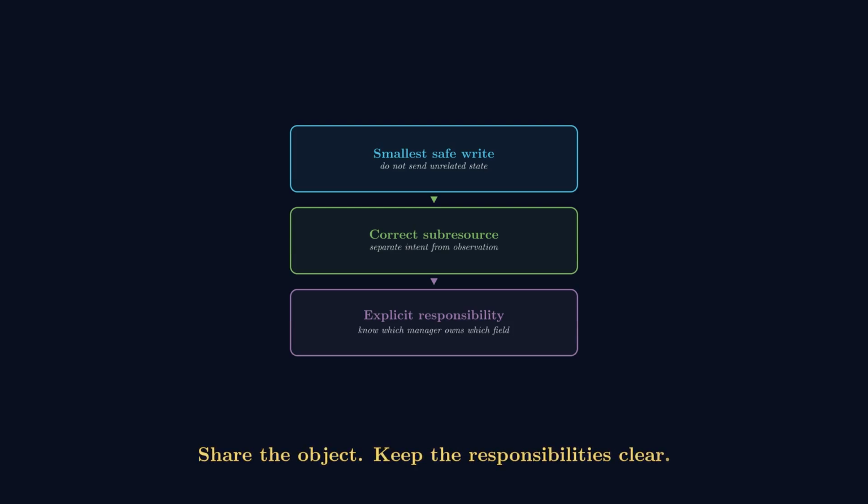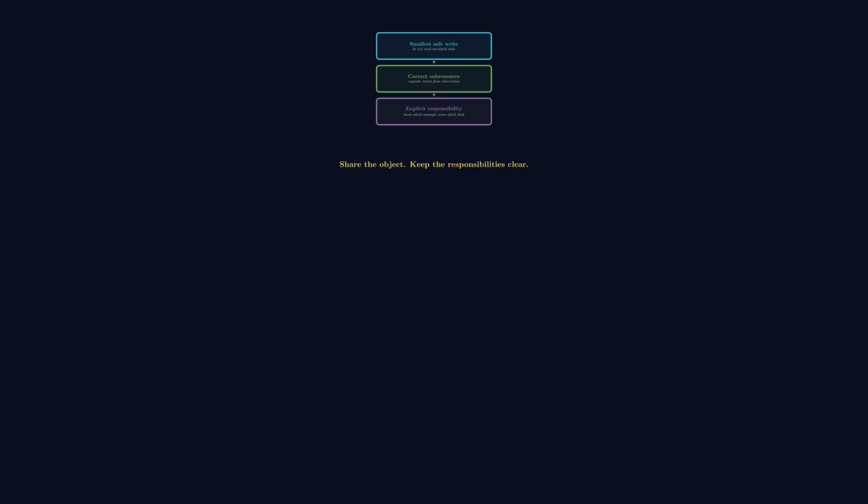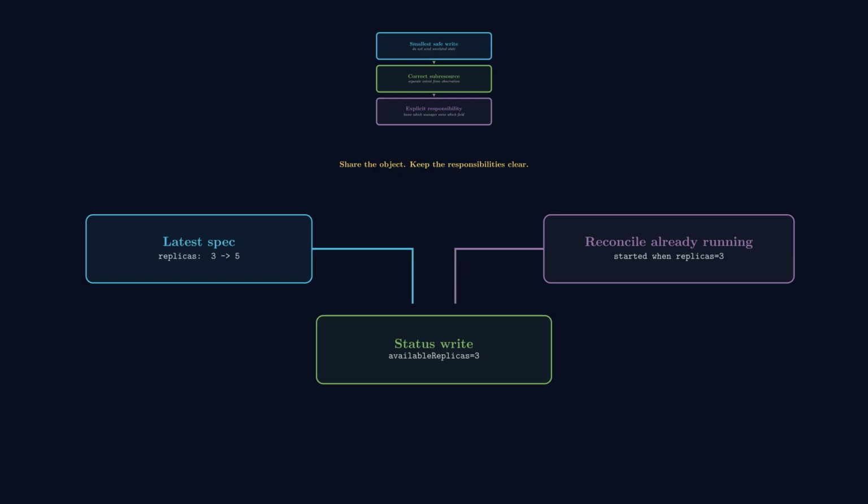There is still one more question. Suppose the user changes checkout app from 3 replicas to 5. At the same time, the controller is finishing an earlier check that started when the desired count was still 3. The controller may now write a status update saying that 3 replicas are available.